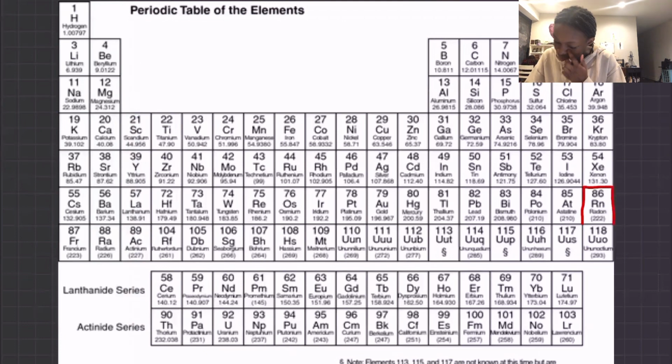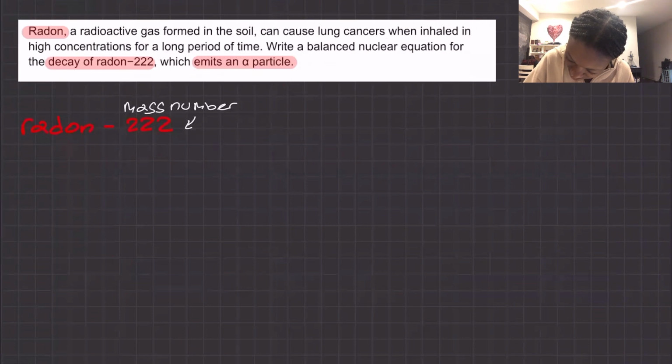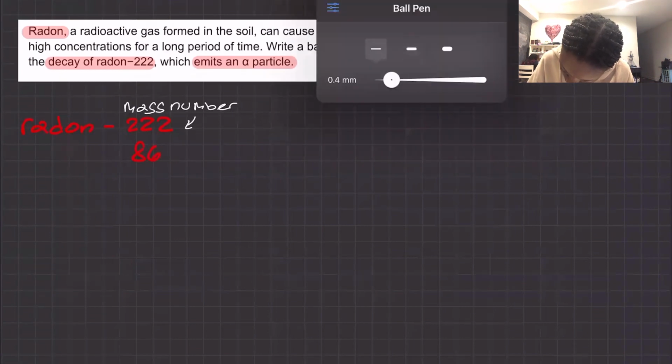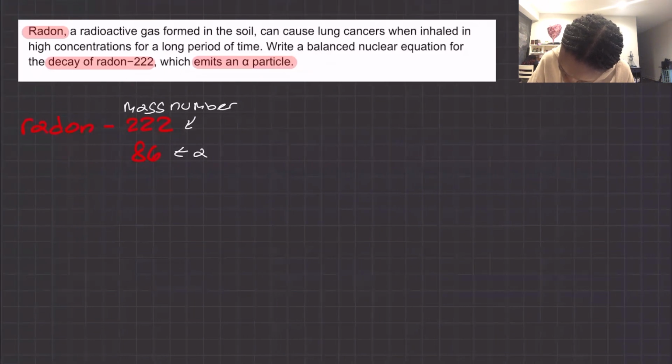And radon has an atomic number of 86. The atomic number is the big number located on top of the atomic symbol. So we know that the atomic number of radon is 86.